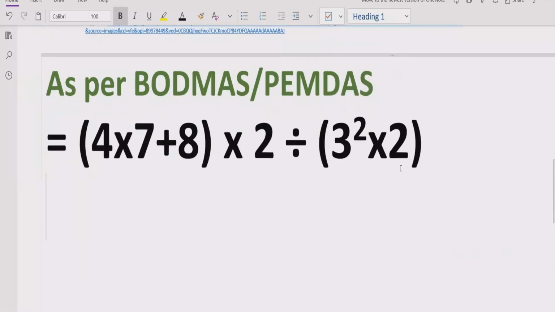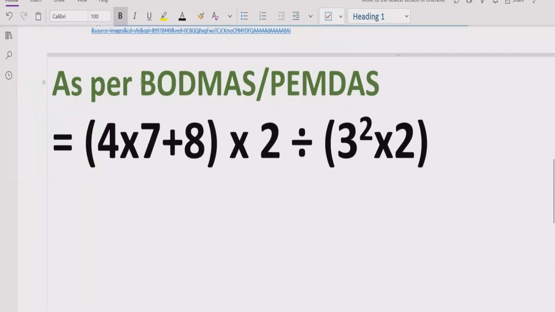So, here first of all, we have to solve the bracket, which is this one. But this bracket contains two operations. One is multiplication and the other one is addition. So first we have to solve division and multiplication according to the rules. So here we have to solve this part, which is this one.